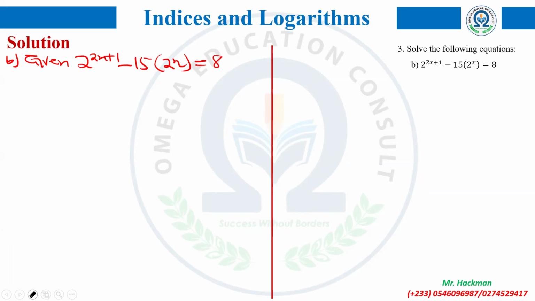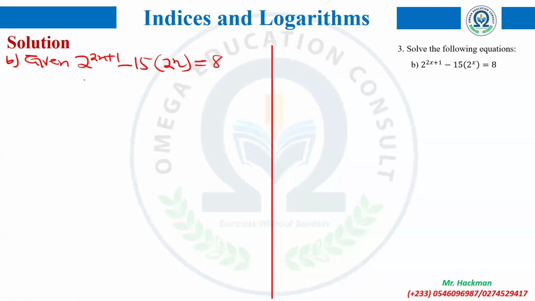So take note. Any other term that contains x in the power, we have to write it in this form, 2^x, for us to relate.